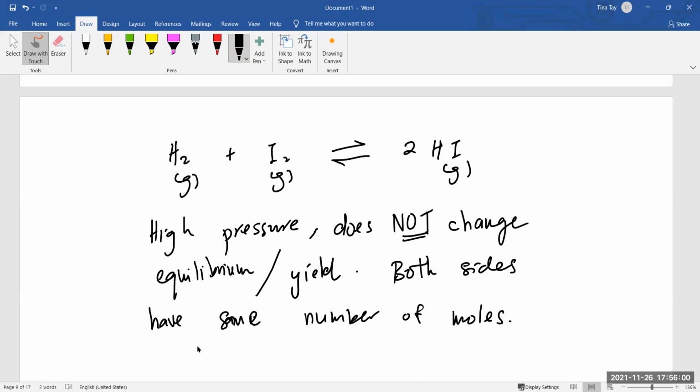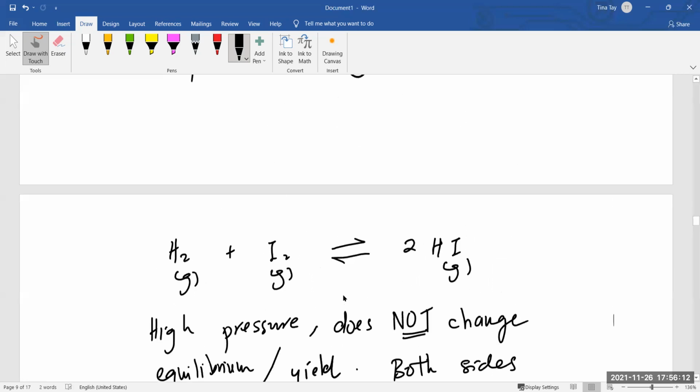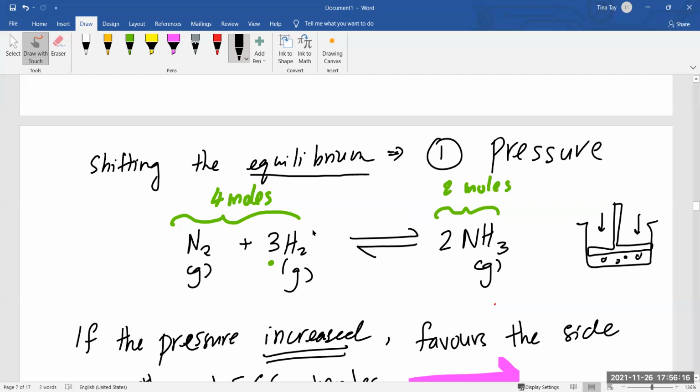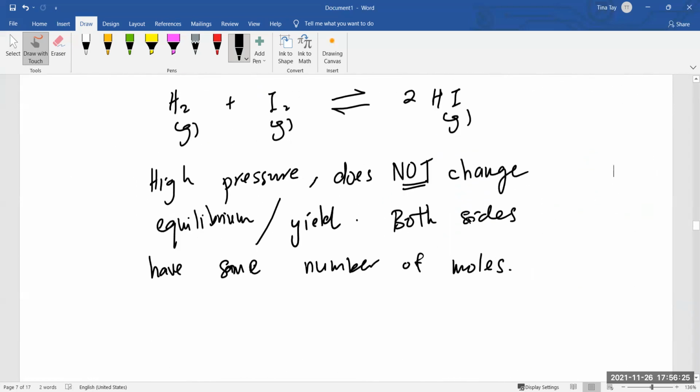All right. Can I understand? All right. So the first thing we learned today is shifting the equilibrium. Okay. The first thing we learn is pressure.